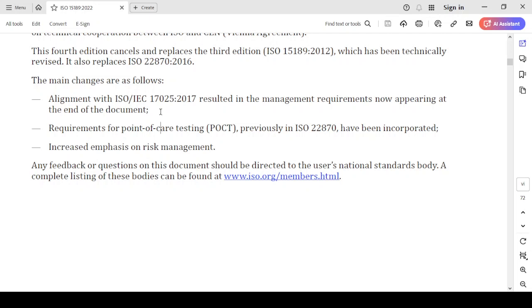But now we have 8 requirements and the structure follows the structure of 17025. So we have the scope, normative references, terms and definitions. I talked about the clients, talked about the political structure, talked about the resources, talked about the processes, talked about the management system. Okay, so that is how the standard is structured, 17025 and the standard.